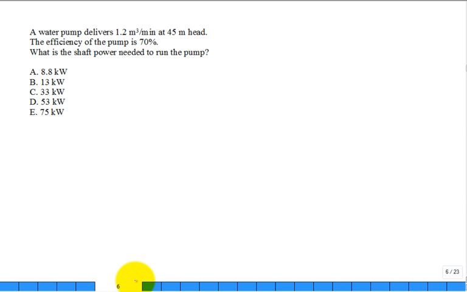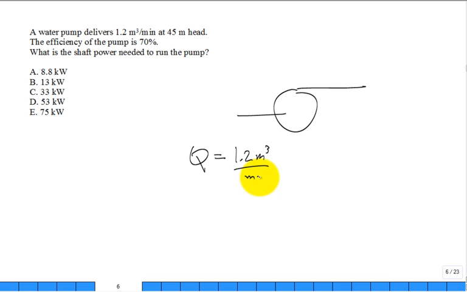A water pump delivers 2.1 cubic meters per minute at 45 meter head. So here is my pump. They give me Q, the flow rate through, 1.2 meters cubed per minute. And what do you mean by 45 meter head? What is that?